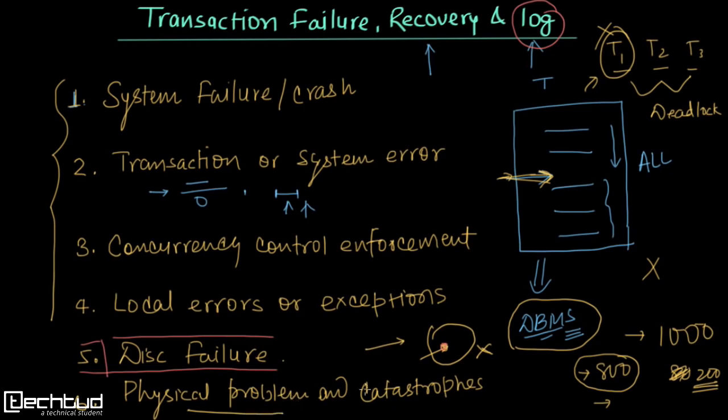These are also issues which can cause transaction failure, and in this case also it is very hard to do recovery. So these two are very hard to recover, hard recovery, and the others are basically easy to recover.